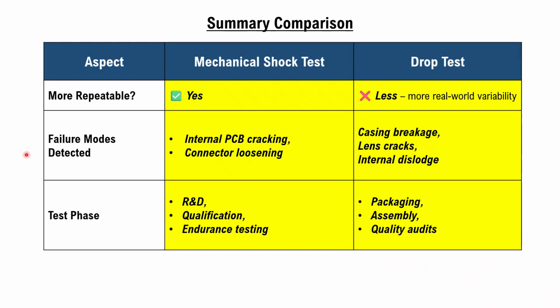Failure modes detected: in mechanical shock test, internal PCB cracking and connector loosening; in drop test, casing leakage, lens crack, and internal dislodging. Test phases: mechanical shock test is for R&D, qualification stages and endurance testing, and drop test is primarily to check packaging, assembly, and to ensure quality audits.